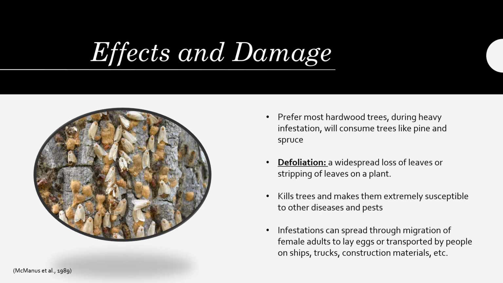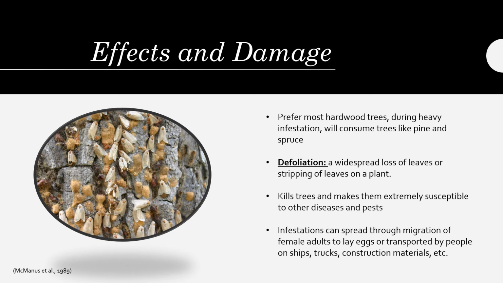So what makes Asian gypsy moths invasive? They must cause damage to the new environment that they are in. For Asian gypsy moths, the damage they cause is called defoliation. The definition of defoliation is a widespread loss of leaves or stripping of leaves on a plant. By doing this, the trees become very weak and are a better target for other diseases and harmful insects.